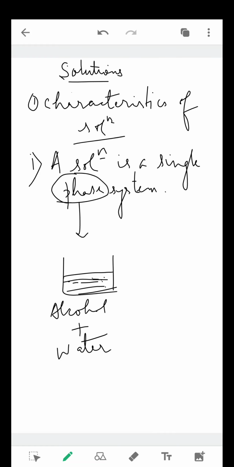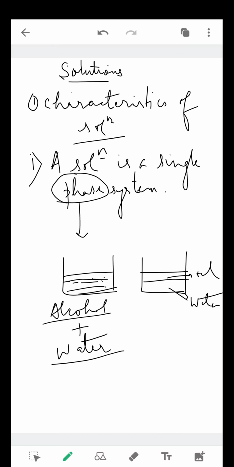There is no boundary separating alcohol and water. We don't see anything like that. So when we mix water and oil, okay, this is water and this is oil, they are normally immiscible, isn't it? And their boundary of separation is visible. So they form a two-phase system.